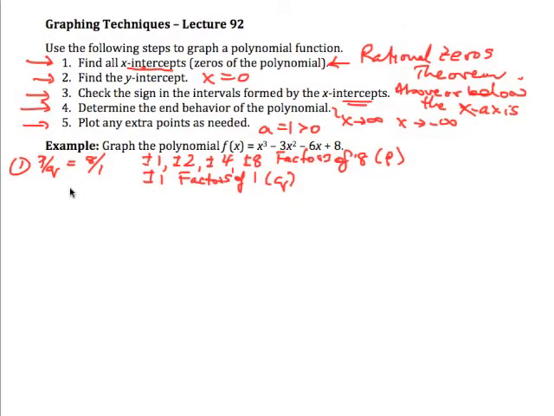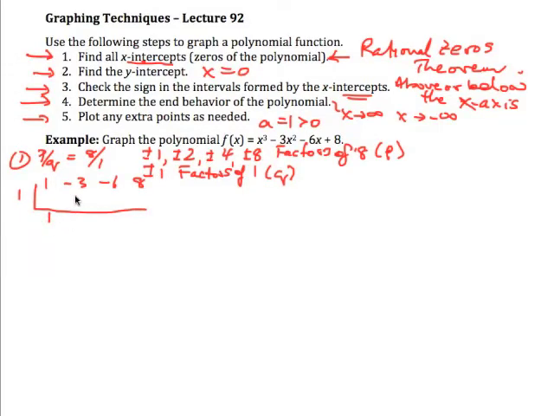So what we need then is to try a few things here. If we try 1, for example, and that one's a pretty easy one to try, I put 1 into our polynomial.